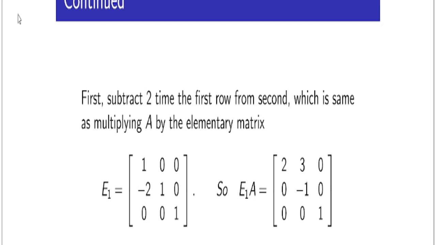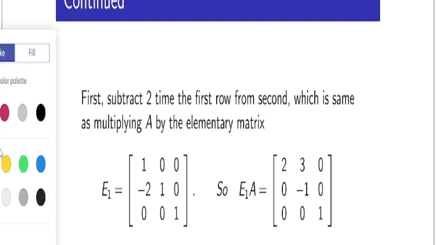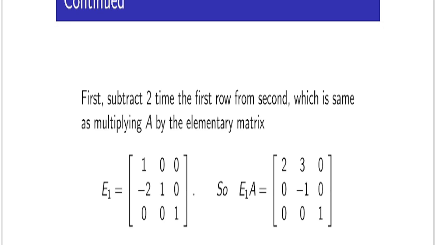Since I3 is the matrix [1 0 0; 0 1 0; 0 0 1], this is the identity matrix of order 3 by 3.